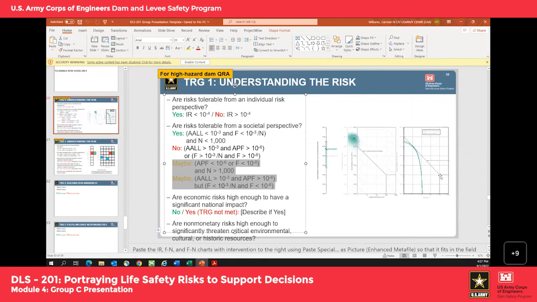In this case you can look at the other TRGs and use those as a gauge or a guide to inform the tolerability evaluation for TRG1, only in this specific case, strictly if you're in the low probability high consequence box. Yeah, okay. All right. So, clear as mud.